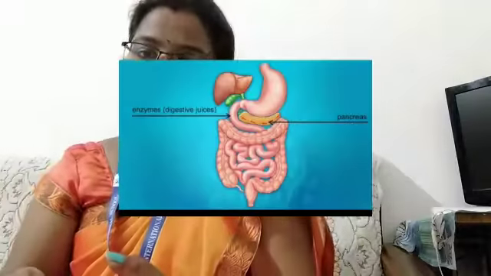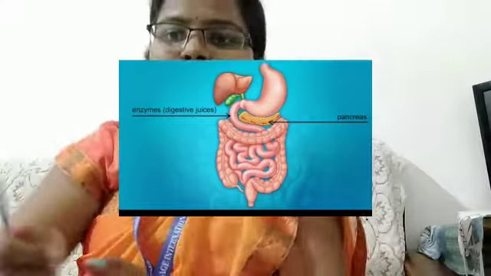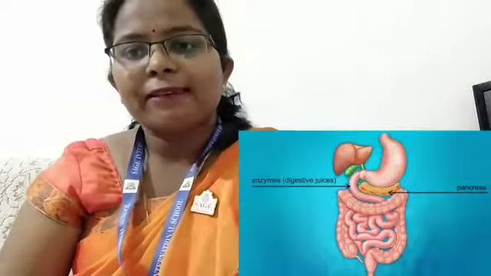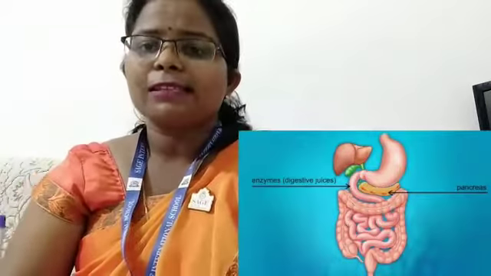Here one more organ is present, and that is the pancreas. Below the stomach, the pancreas is present, and the pancreas secretes a juice, and one more thing, that is insulin.